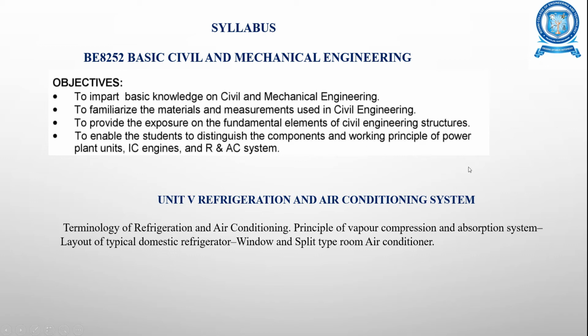In Unit 5, the students will be studying the terminology of refrigeration and air conditioning, the principle of vapor compression and absorption system, the layout of a typical domestic refrigerator, and window and split type room air conditioners.